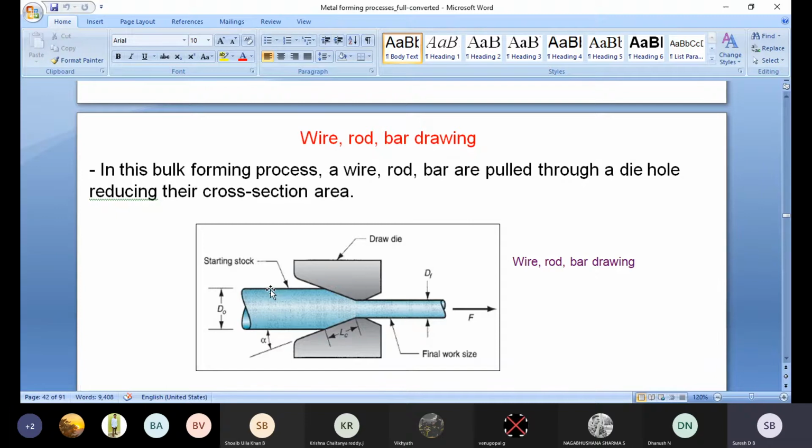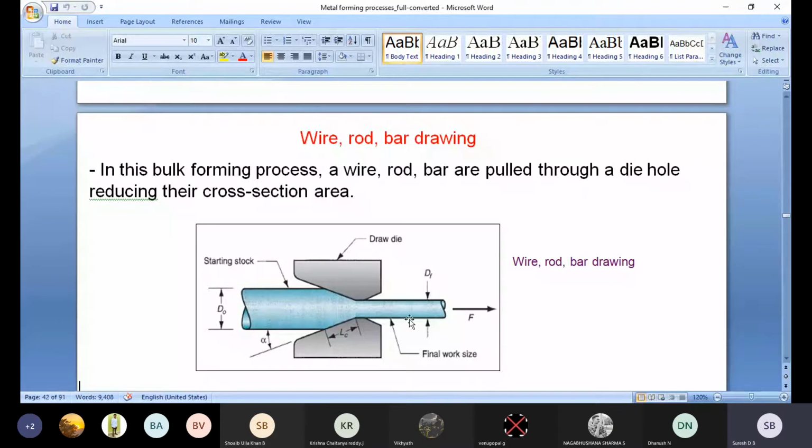Compared to extrusion, smaller diameter rods are used here. In extrusion, larger diameter billets, or raw material, are fed inside the container, and then you push the material.